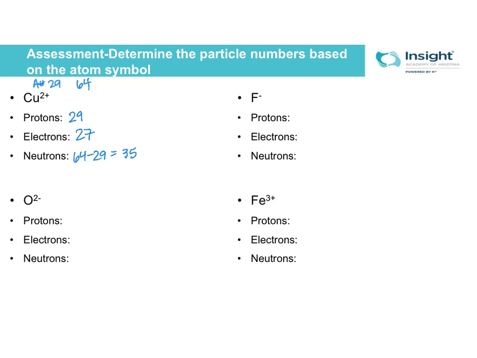All right, you try oxygen. See what you get. If you need some help as far as knowing the numbers off the periodic table, oxygen has an atomic number of 8 and a mass of 16.